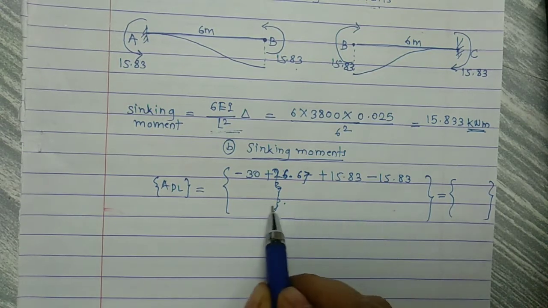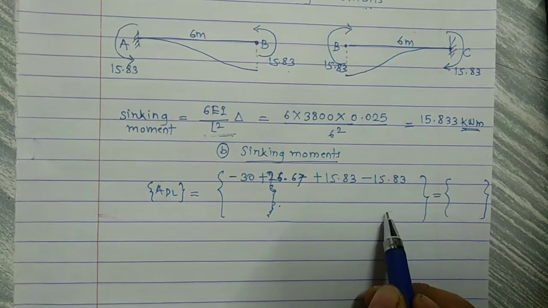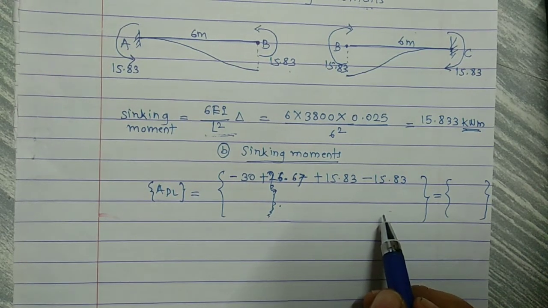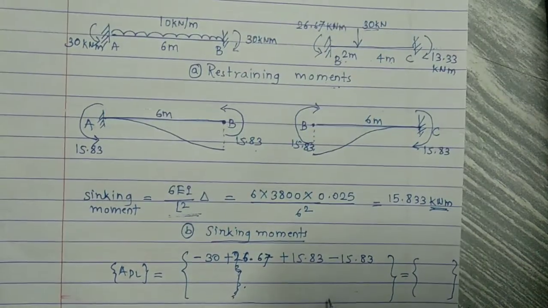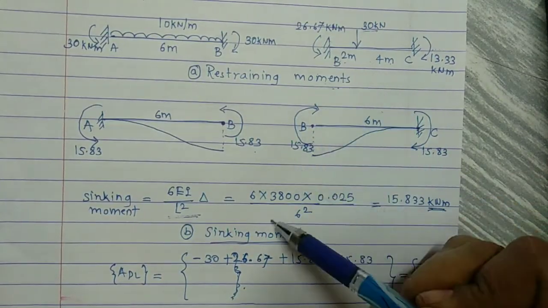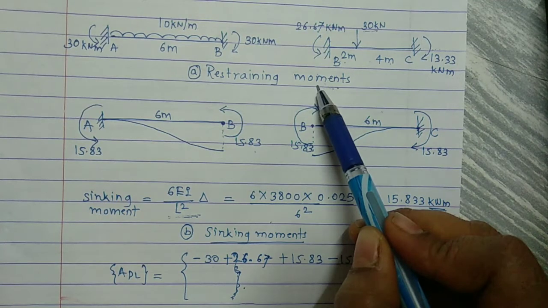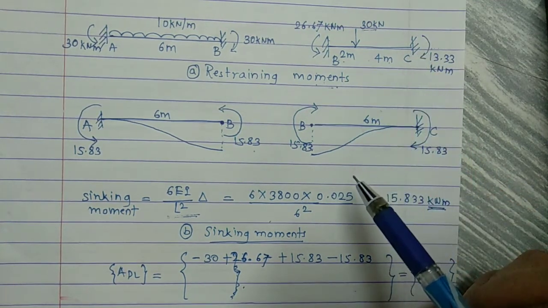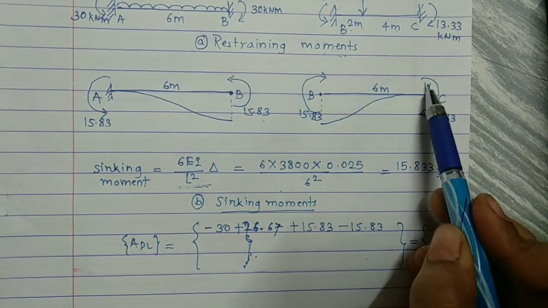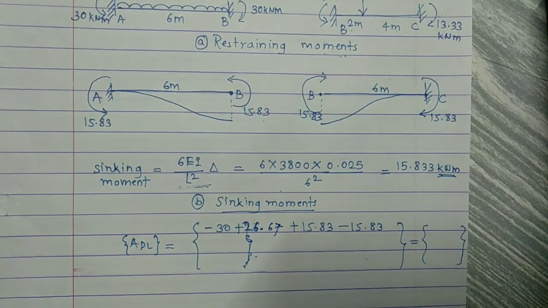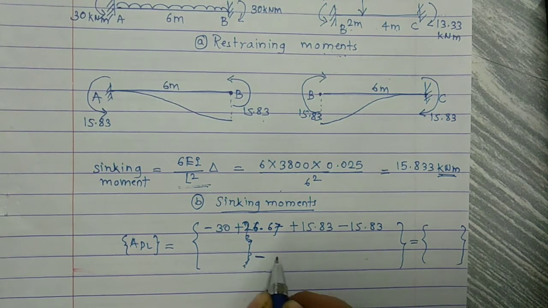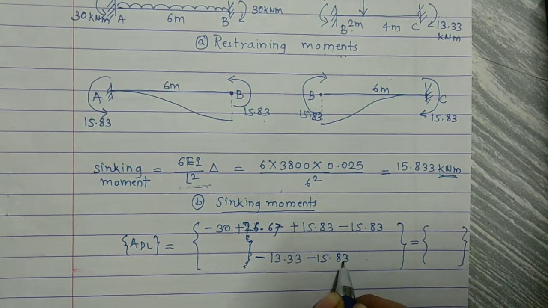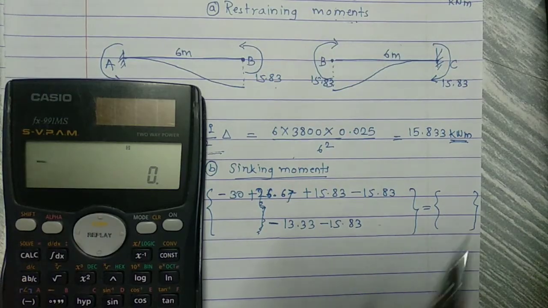The second element to be written here is the action corresponding to theta C, that is the moment at C. So the moment at C from both figures A and B. From the first figure, the restraining moment, the moment at C is clockwise 13.33 and from sinking this clockwise minus 15.83. So add those moments. Here we'll calculate these moments.